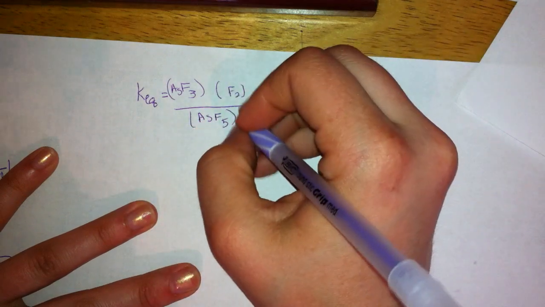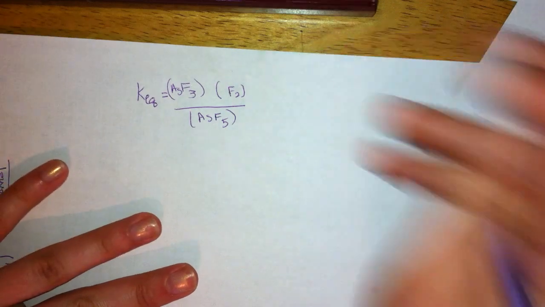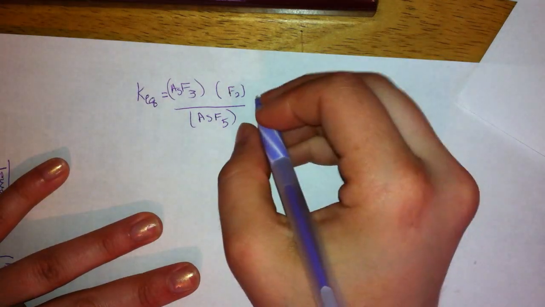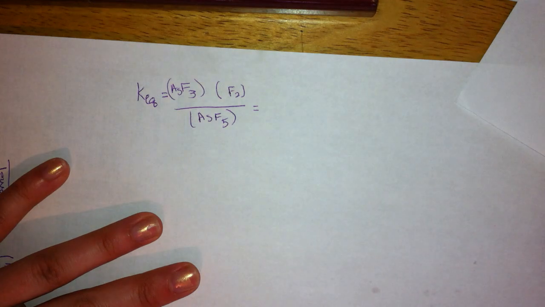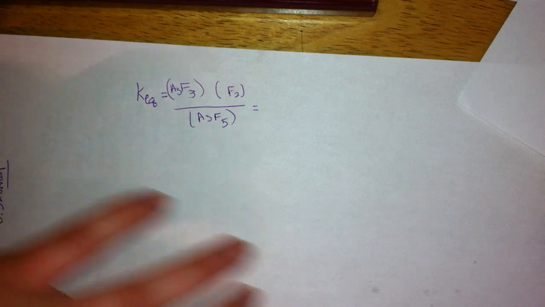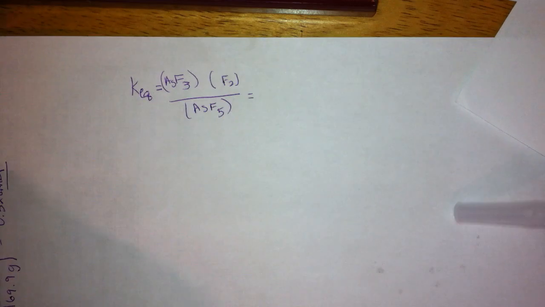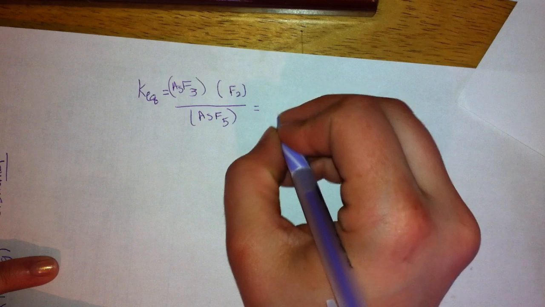And these are all to the first power because the coefficients in front are just 1. And we know that the one we just calculated was 0.0226.